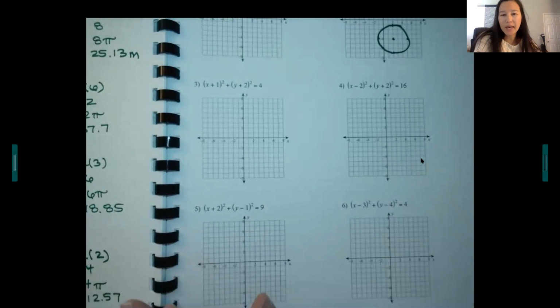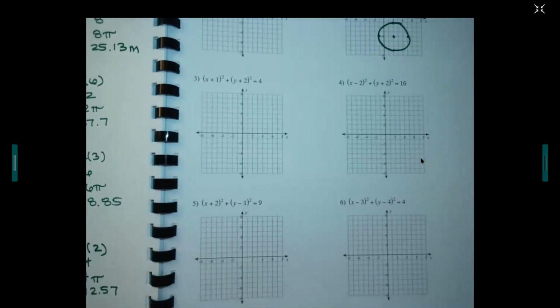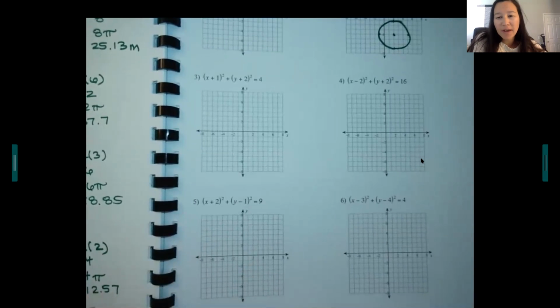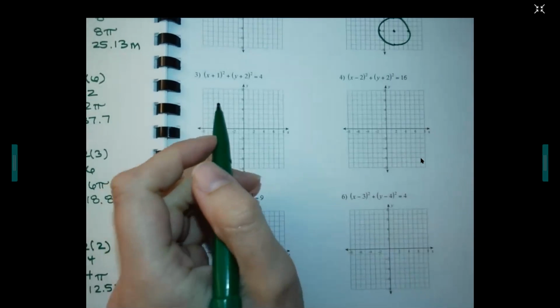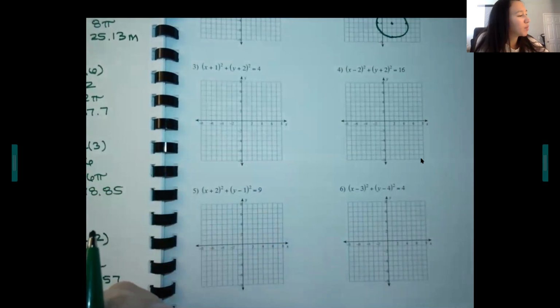All right, let's go ahead. I'm kind of stuck. Okay, we can help you on 5 and 6, Jade. We'll help you when we get there. Jaden, are you ready with number 3?